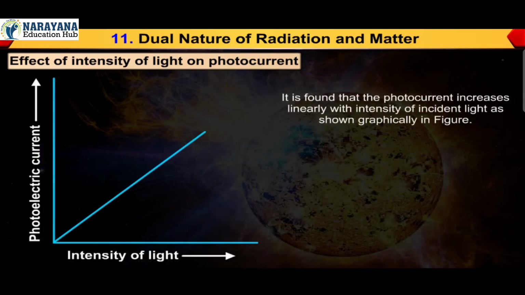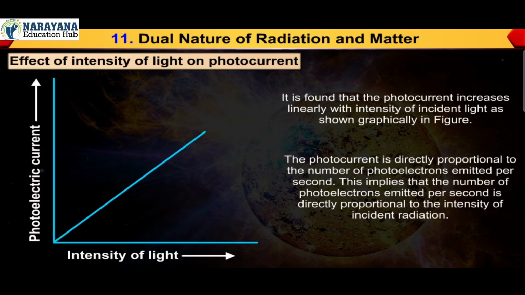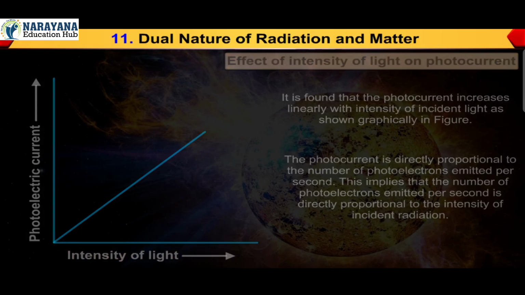It is found that the photocurrent increases linearly with intensity of incident light, as shown graphically in the figure. The photocurrent is directly proportional to the number of photoelectrons emitted per second. This implies that the number of photoelectrons emitted per second is directly proportional to the intensity of incident radiation.